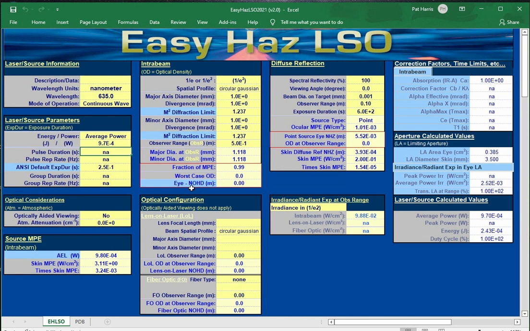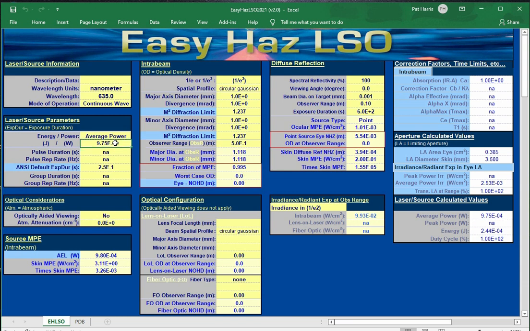Now, you'll notice that when we don't have an OD at the observer range, we report the fraction of MPE, just to let you know how close to the MPE you are. So if we run up just a little bit, 0.123975, yeah, we're getting a little closer to this.